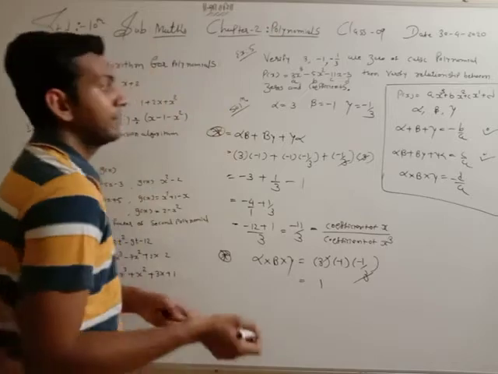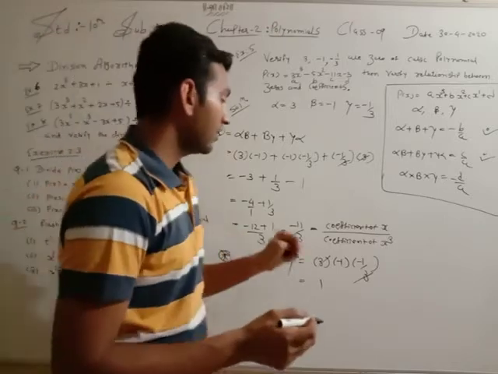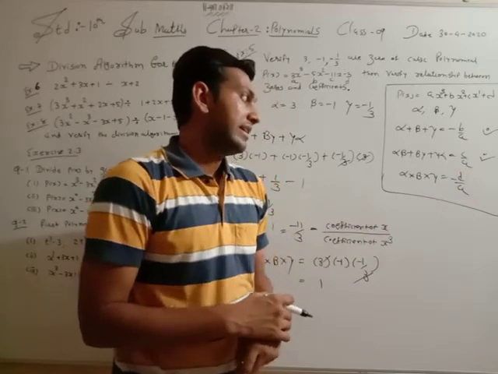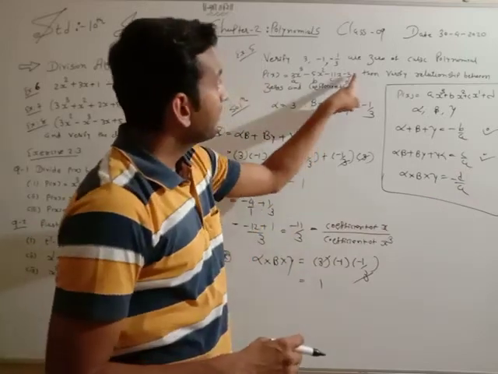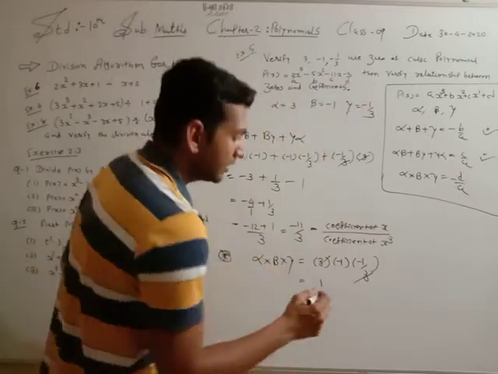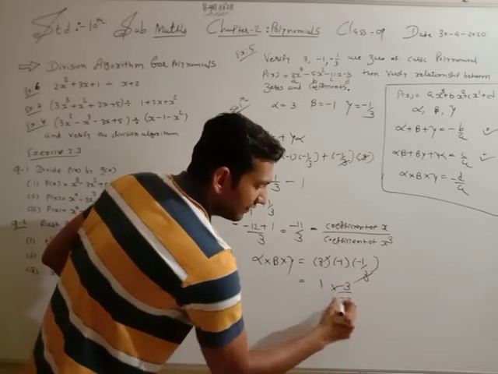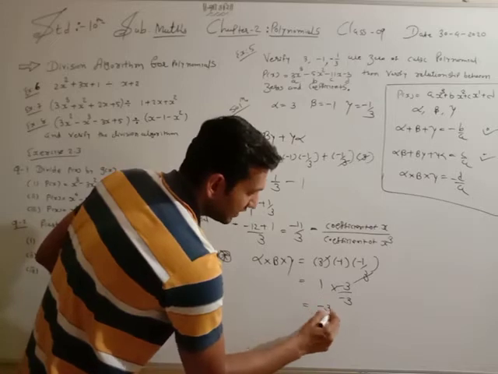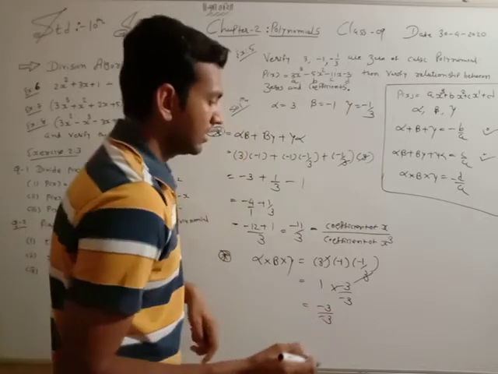Okay, but the product of zeros is always minus d by a, and my d is minus 3, so multiplying and dividing by minus 3, you get minus 3 upon minus 3.